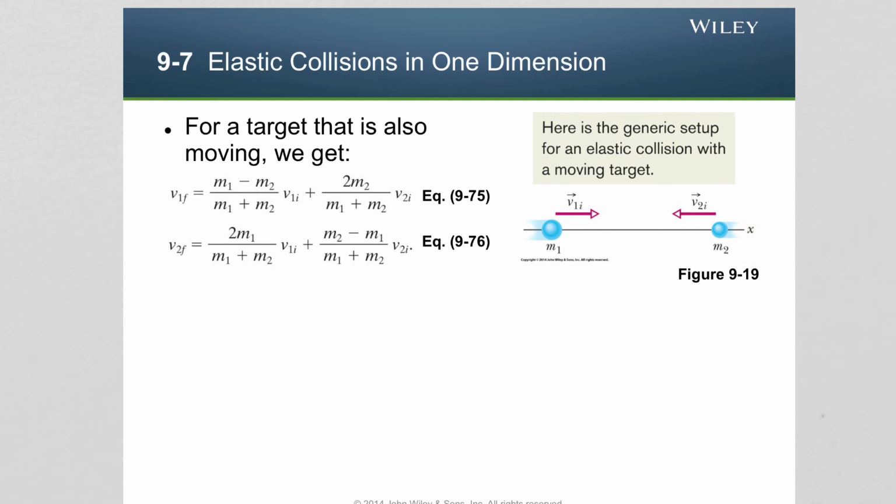So in this particular example, when the two objects are moving in opposite directions, V1i will be entering the calculations with a positive value because it's directed in the positive x direction. But V2i will be entering those calculations here with a negative value because it's directed in the negative x direction. So this is a very important consideration that you must pay attention to, otherwise your results will be wrong.